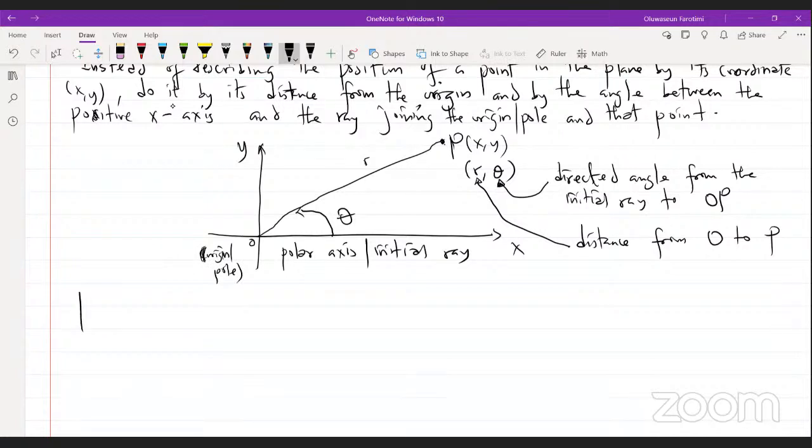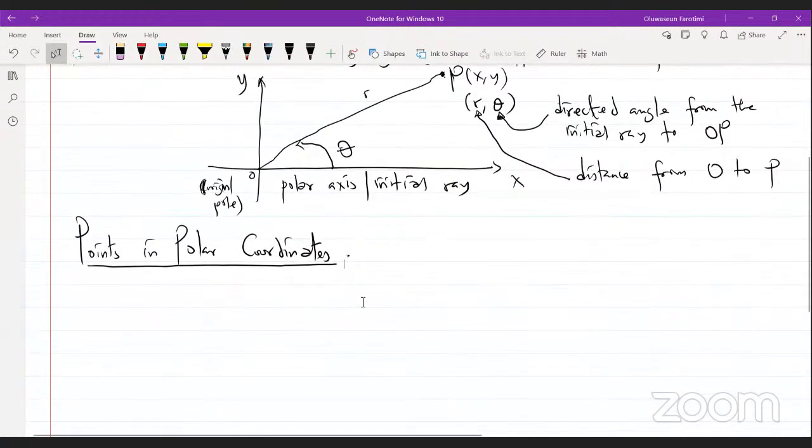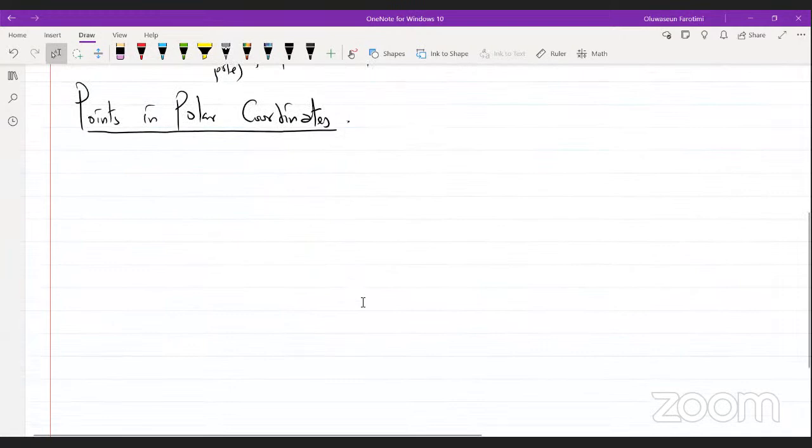Then how do points in polar coordinates look, or how can we talk about them? Points in polar coordinates are usually given by r comma theta. Sometimes you can have the negative r version. I want to mention that these two actually lie on the same line.